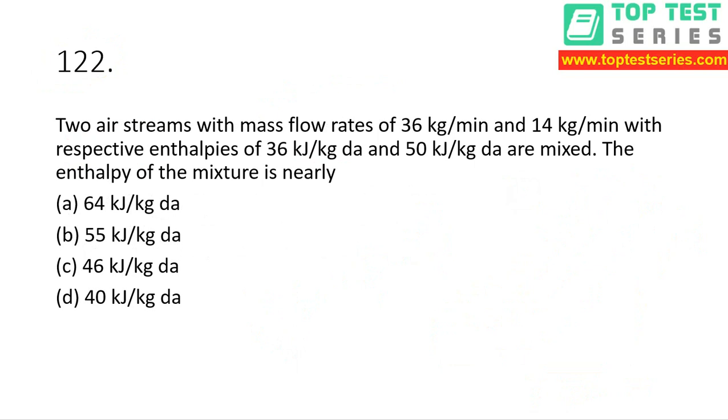Question number 122. Two air streams with mass flow rates 36 kg per minute and 14 kg per minute, with respective enthalpies of 36 kilojoule per kg of dry air and 50 kilojoule per kg of dry air, are mixed. The enthalpy of the mixture is nearly. So, my dear, the enthalpy will be equal to what?